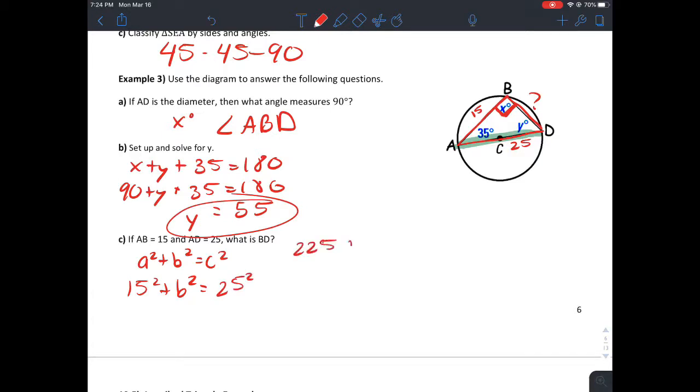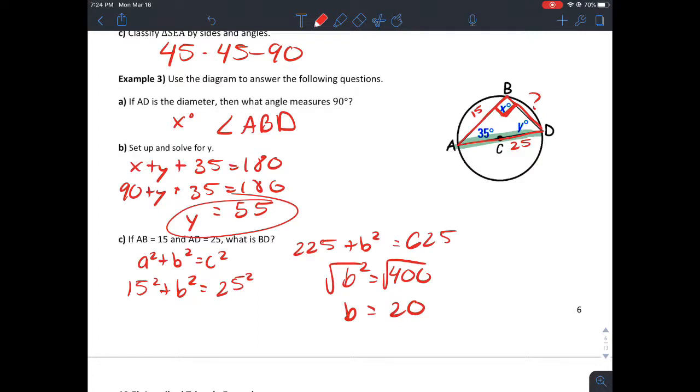So I get 225 plus B squared equals 625. You subtract out the 225 and you get 400. Take the square root of both sides and you get B equals 20.